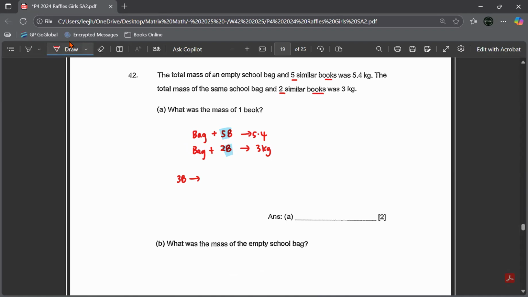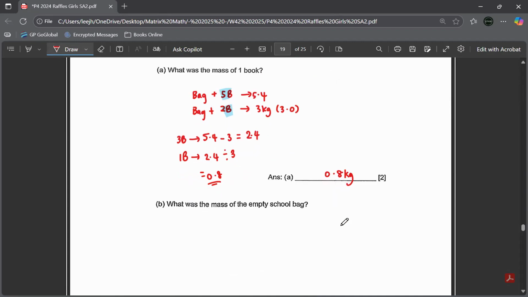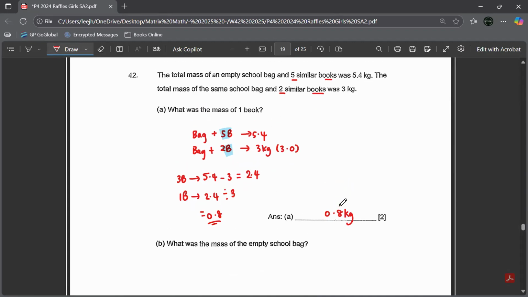So you find 3 books, 5.4 minus 3 kg. 3 is 3.0 kg. Okay, it's 2.4 kg. Look for 1 book. 2.4 divided by 3. 0.8 kg. Write down the unit because they never give you. If not, minus mark. Okay, so 1 book is 0.8.